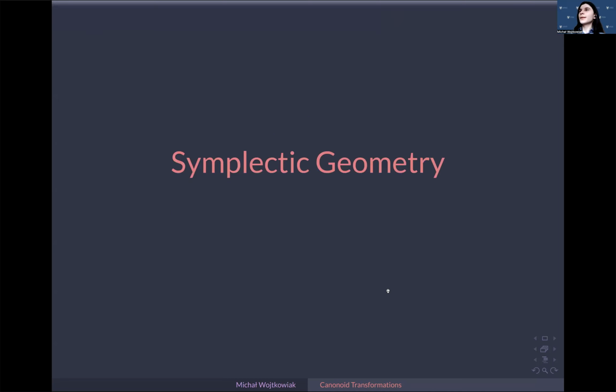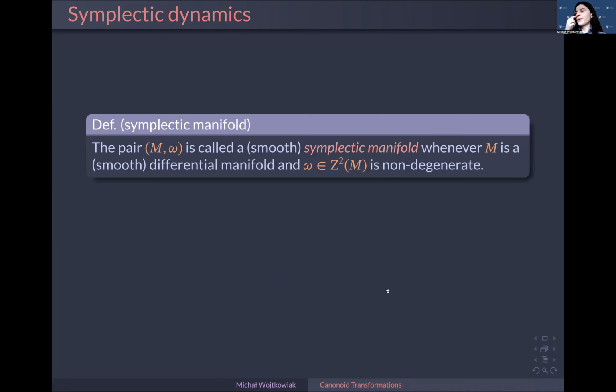So let's start. We've been through all of this many times at this point, but we have to start somewhere, and just to fix some notation, we will denote any symplectic manifold by the pair (M, omega), with omega being the symplectic 2-form.